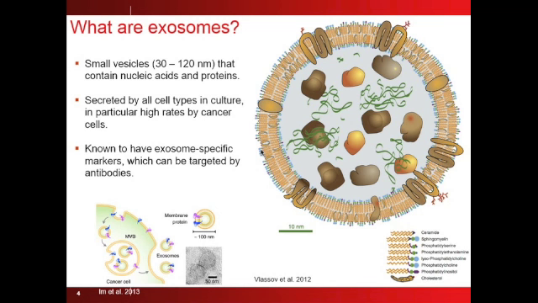So if we know there are certain antibodies that can specifically target these markers, then it's possible to develop platforms that can target these vesicles and then probably isolate them, capture them, purify them, and do some downstream analysis with them.